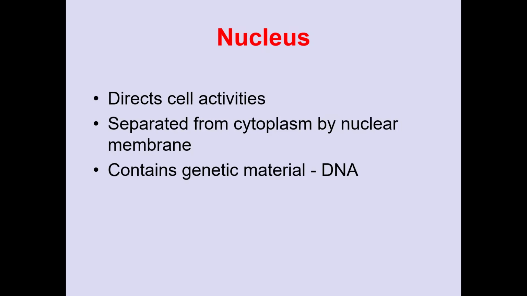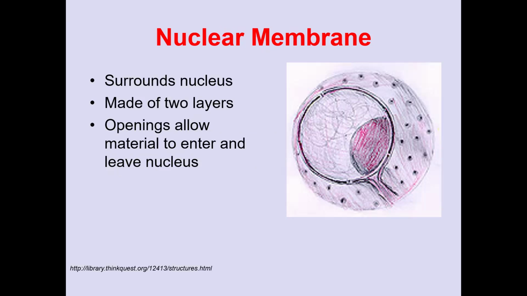So it directs the cell activities, and this nucleus has a nuclear membrane. The nucleus is housed in a nuclear membrane. It is separated from the cytoplasm by the nuclear membrane, and it contains the genetic material, for example, deoxyribonucleic acid.